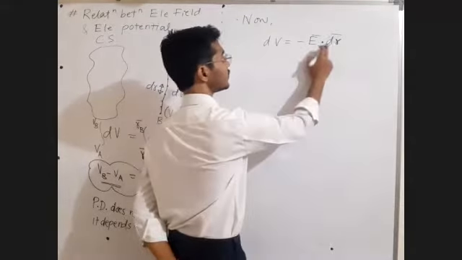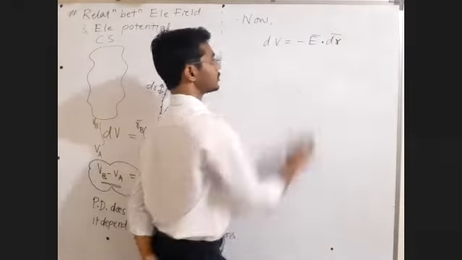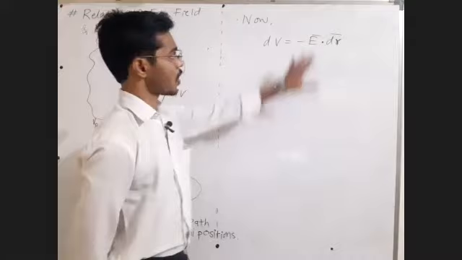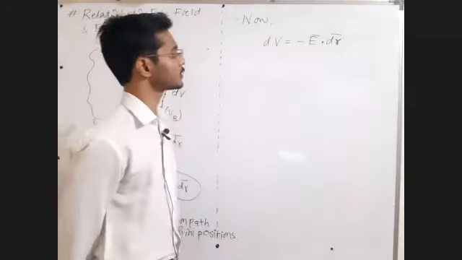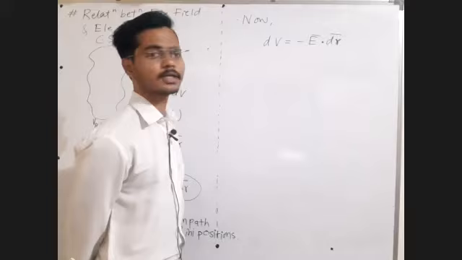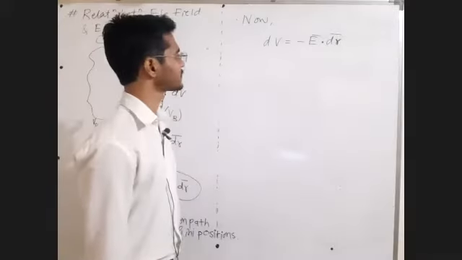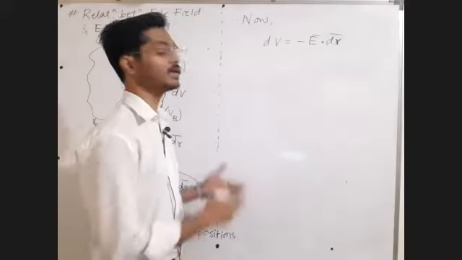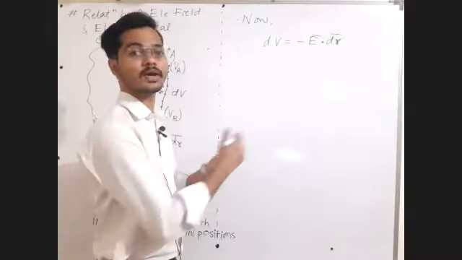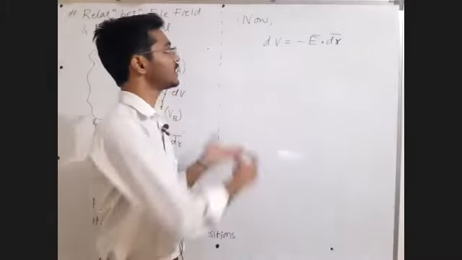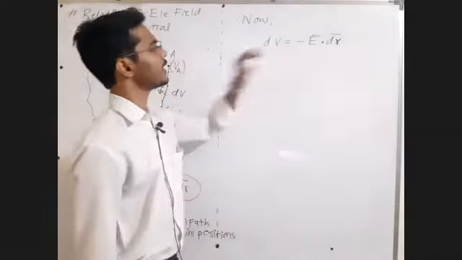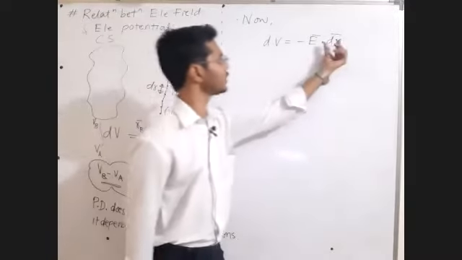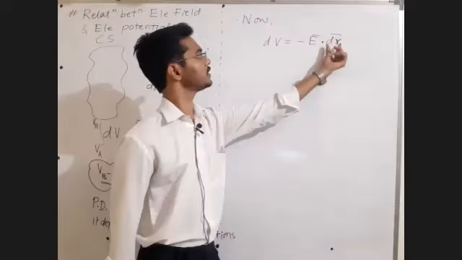When gradients are taken on both the sides, the dot product on the right hand side will get cancelled with the gradient, just like integration will cancel with differentiation, or sine will cancel with sine inverse, cos with cos inverse. Taking gradients on both the sides means ultimately you are trying to bring this dr bar here.